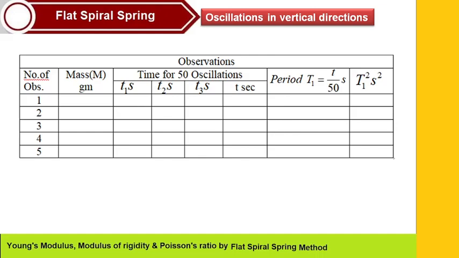Three times take the reading and take the mean, that is small t. From that, find the period. Capital T suffix 1 is equal to small t divided by 50 seconds, and at last T1 square, second square, to be written in tabular form. So this is about the observations for oscillations in vertical directions.